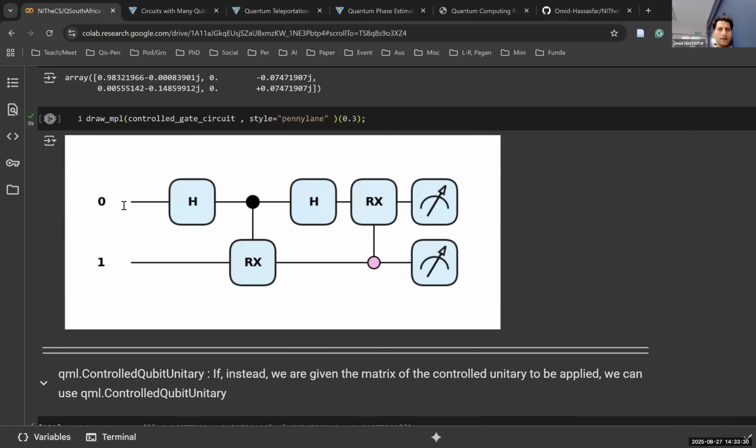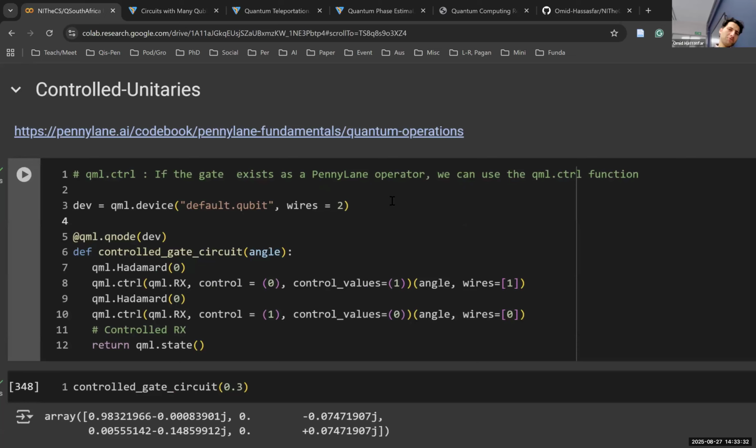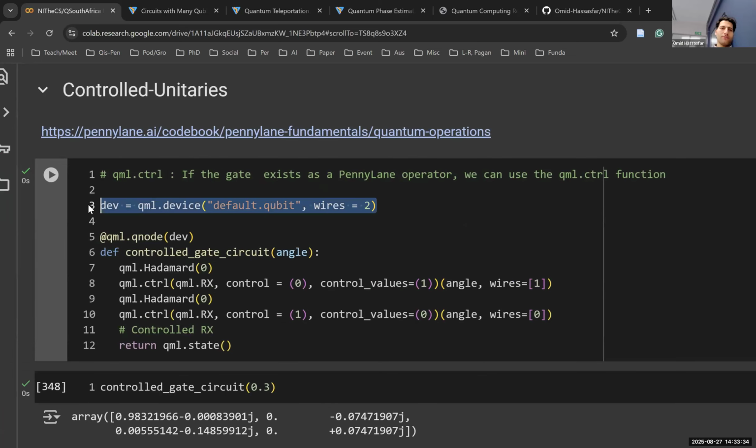Okay, what happened here? Usually you need to define your device or simulator and then a decorator to add your function to the quantum device.